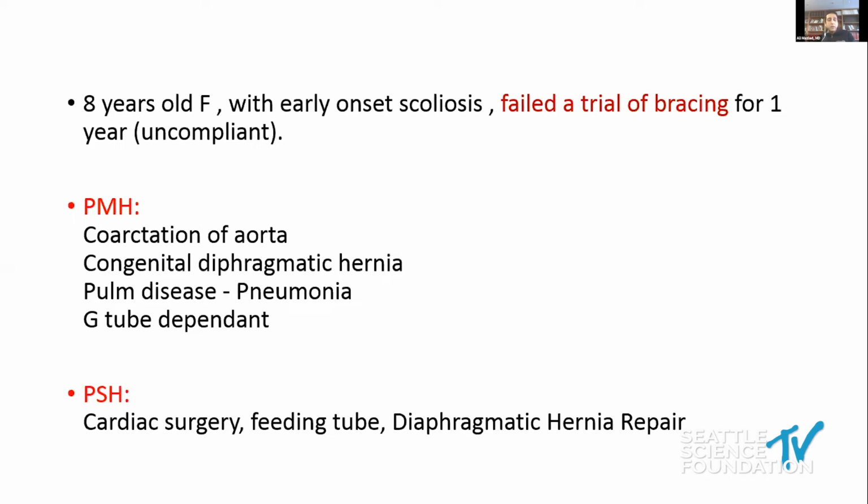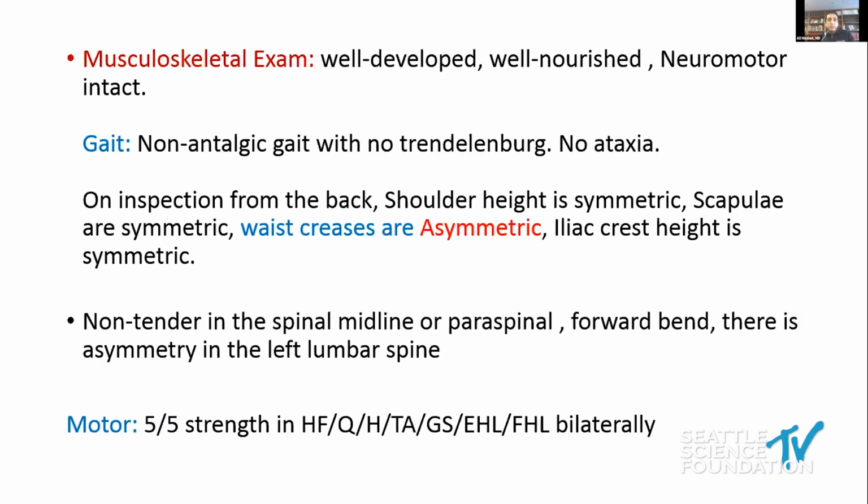He had other congenital issues like congenital diaphragmatic hernia, and had a number of surgeries prior to presentation as a younger child. On exam, he was well-nourished, neuromuscularly intact. He had a normal gait on exam. He had some asymmetry in his waist creases, but not much in the shoulder height. Exam was pretty normal with good motor power overall.